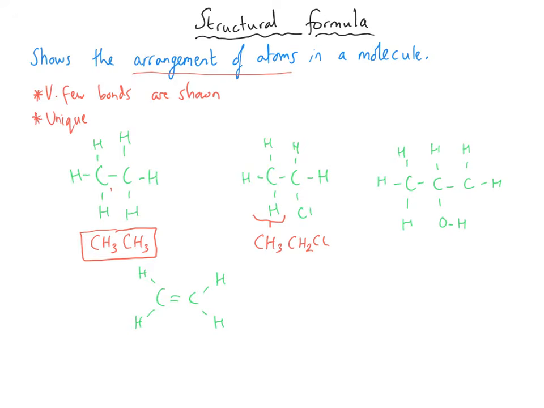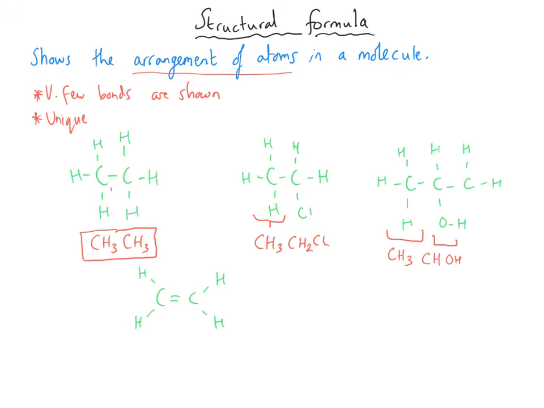So if we move along to our third example here, we've got a CH3 group, nice and easy again. Then on the middle carbon, we've got 1 hydrogen, so we write CH, and then this time we've got an OH group attached as well to that middle carbon. So notice that we don't write CH2O because that would imply that the 2 hydrogens are both attached to the carbon.